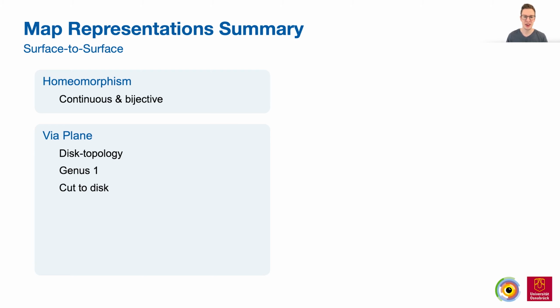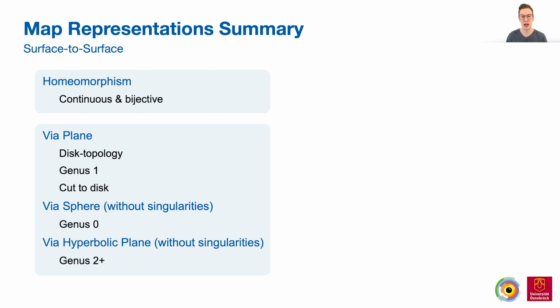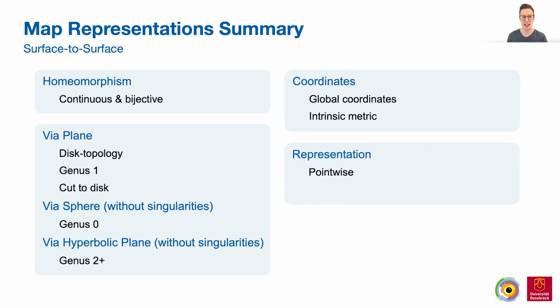We can work without singularities if we map genus 0 surfaces via the sphere and genus 2 and higher surfaces via the hyperbolic plane. Maps to this intermediate domain can either be represented via global coordinates or via metrics. And finally, all these map representations can be turned into an explicit, piecewise linear form for easier processing.